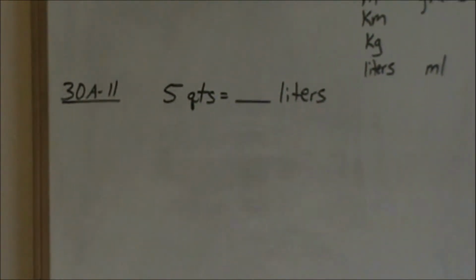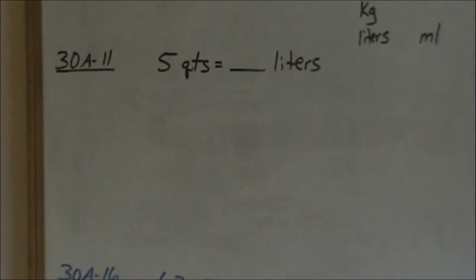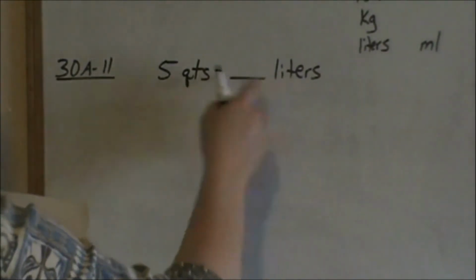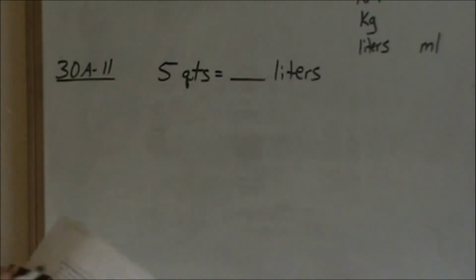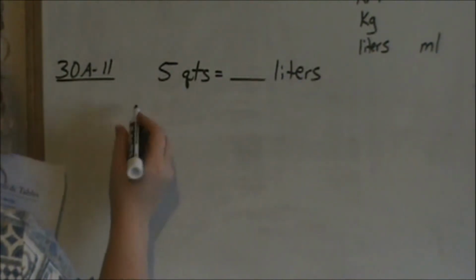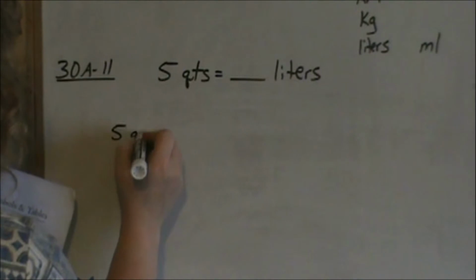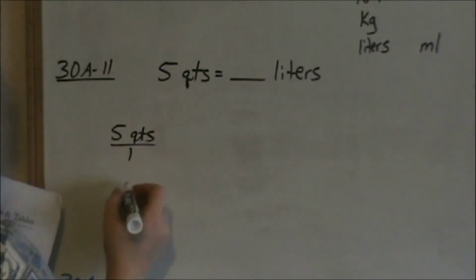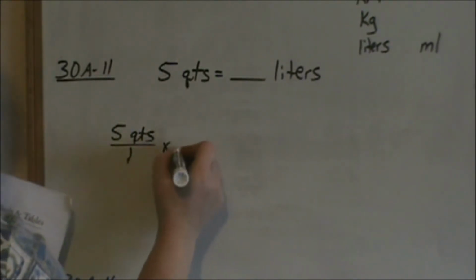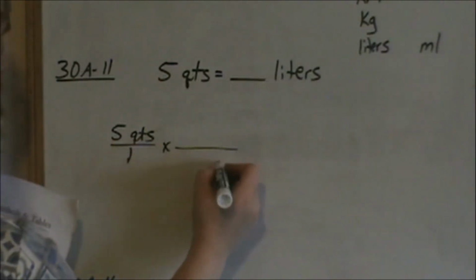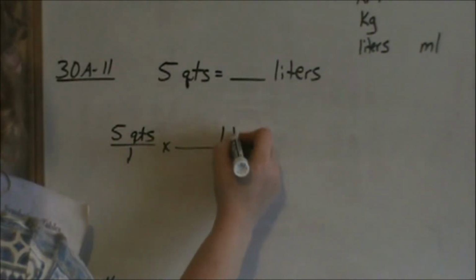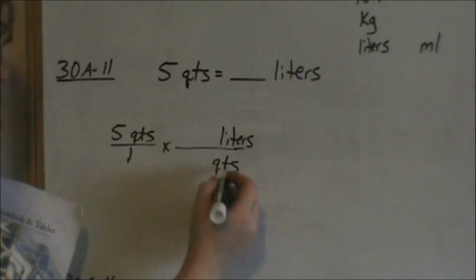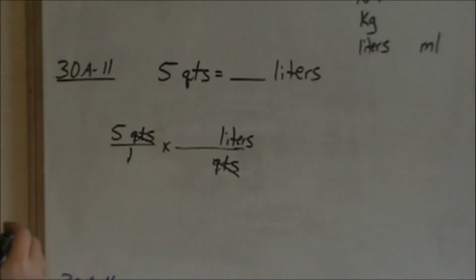Alright, let's look at 30A11. We're going to go from quarts to liters. 5 quarts to liters. So start with what you know. 5 quarts. Turn that into a fraction. Multiply by a conversion factor. I want quarts to go away, so it has to go in the denominator. I want to be left with liters, so it needs to go in the numerator. My quarts cancel.